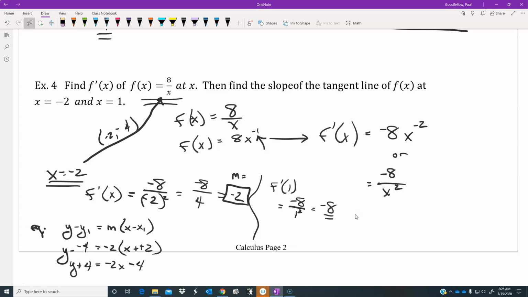If I simplify and subtract 4, I'll end up with y equals -2x minus 8. This would be the equation of the tangent line at that particular point. Notice that it does have the slope we expect from the derivative, but we get the y-intercept by plugging a point into that point-slope form.